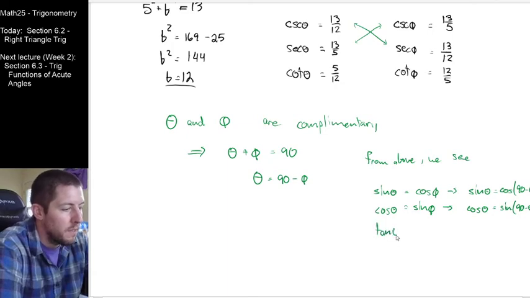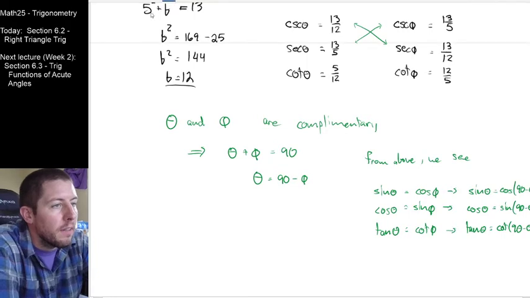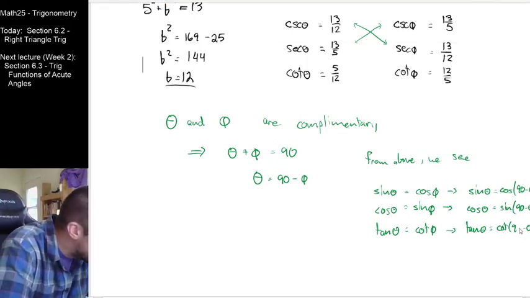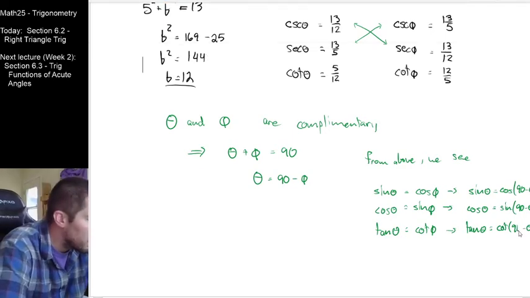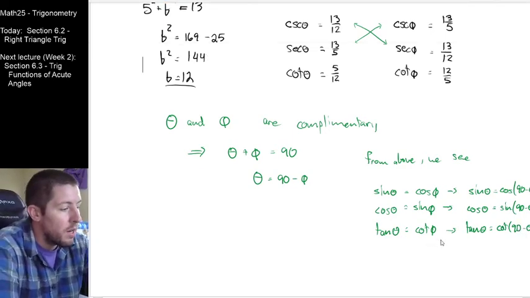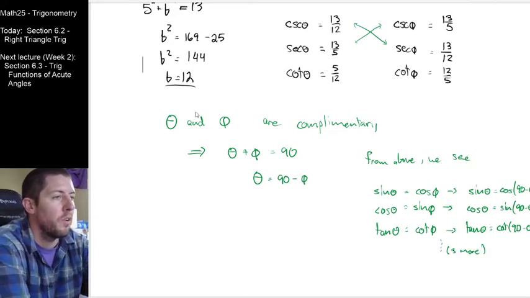Tangent of theta equals the cotangent of phi, which tells me tan theta equals cotangent of 90 minus theta. Let me see if I can get rid of that errant dash. Oh no, it took the whole thing. All right, there are three more of these, six relationships total.